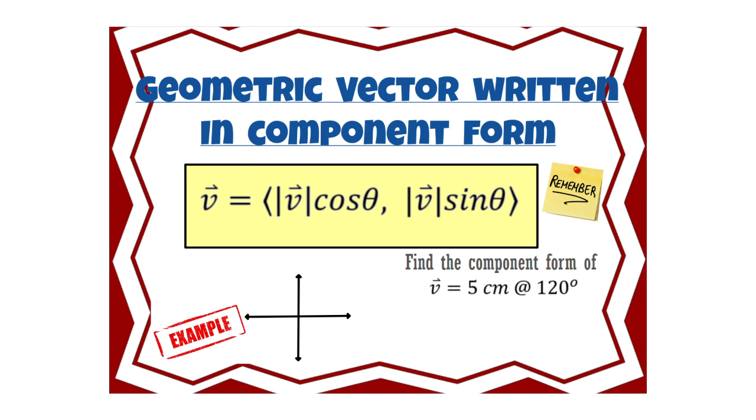So let's just practice one here. Find the component form of this geometric vector: 5 centimeters at 120. That's going to be some vector up here, where your angle is 120 and it's 5 centimeters long. What I'm looking to do is write it in component form.